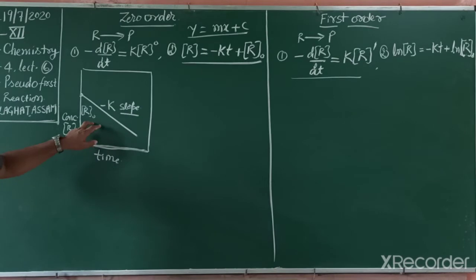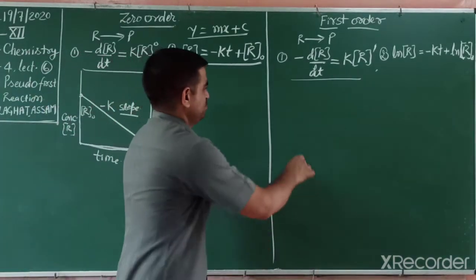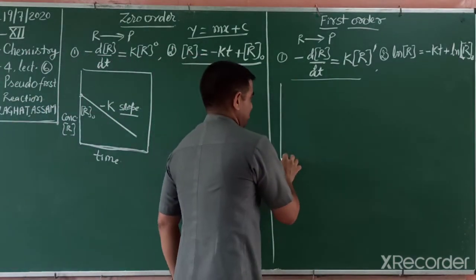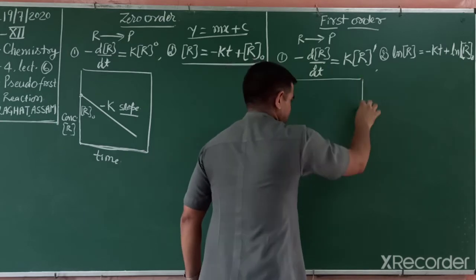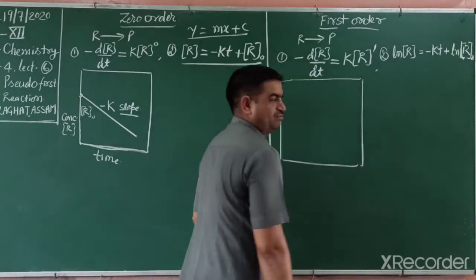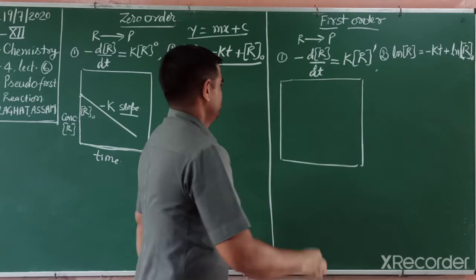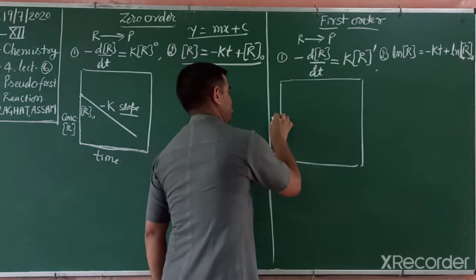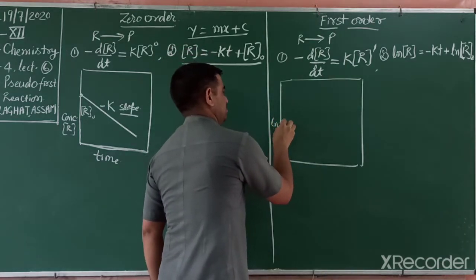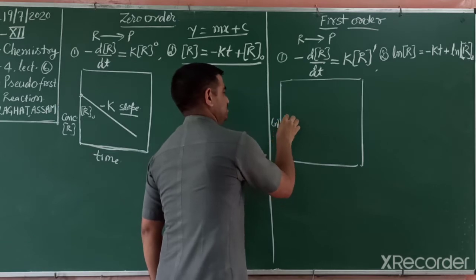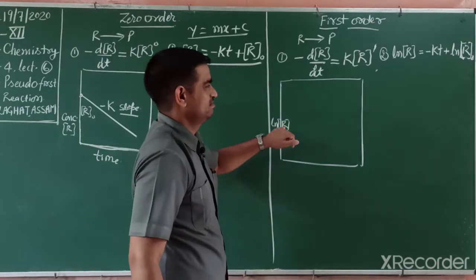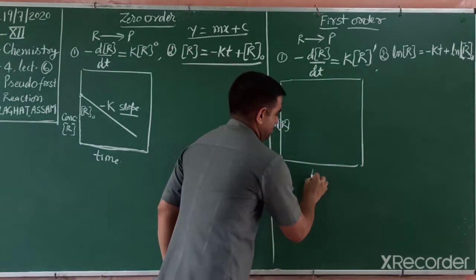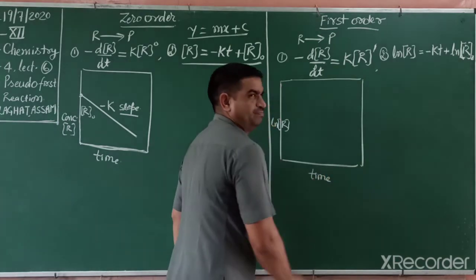So that is zero order. For first order, how can we draw it? We can make the graph for first order also. In the same way, we have to take natural log of concentration, ln R, on this side, and time on this side.